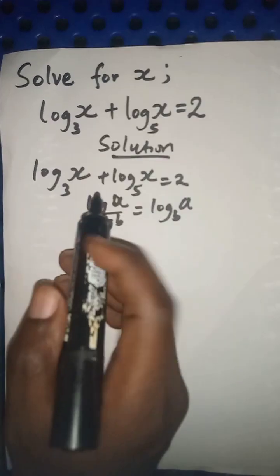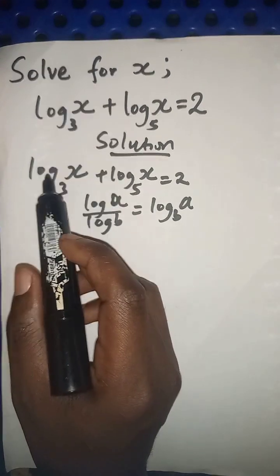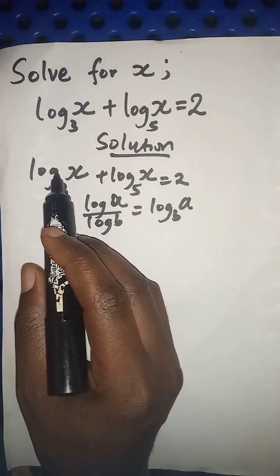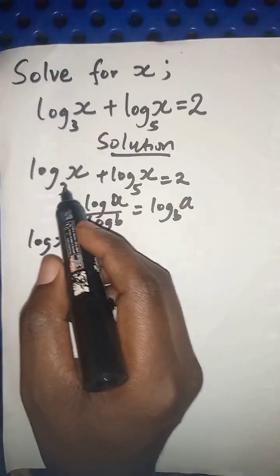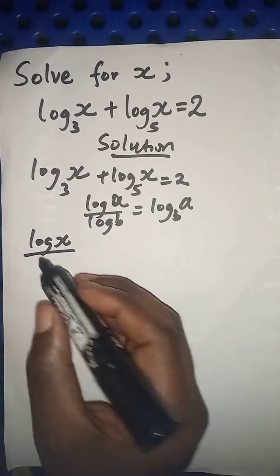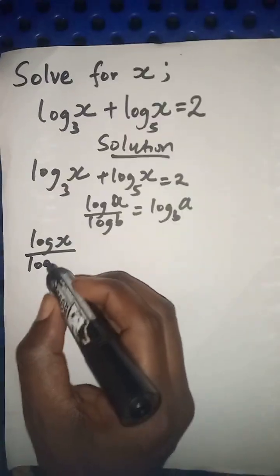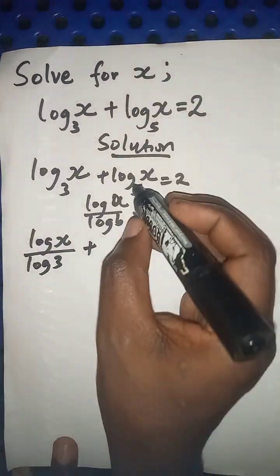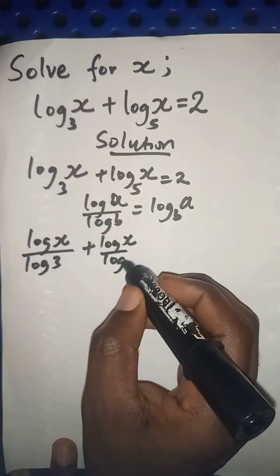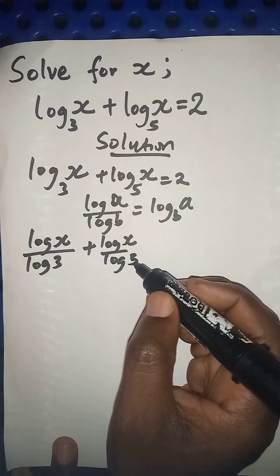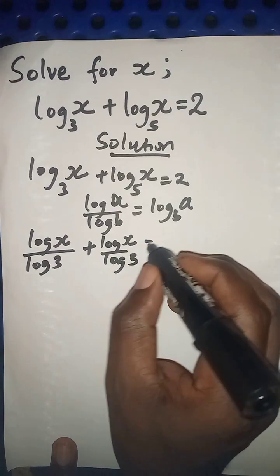So meaning that I'm going to write log x base 3 as log x over the log of 3, plus again log x to the base 5 as log x over log 5, should give me 2.